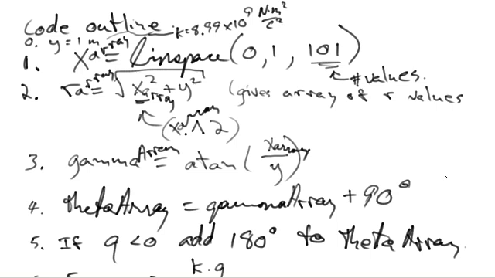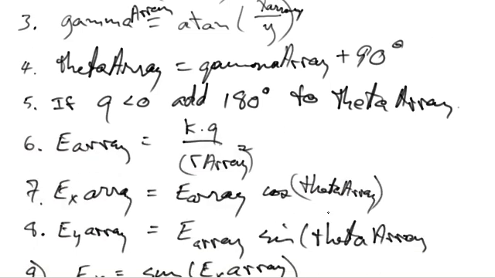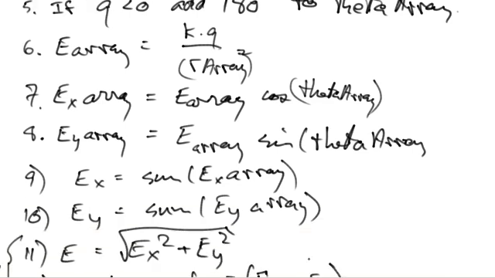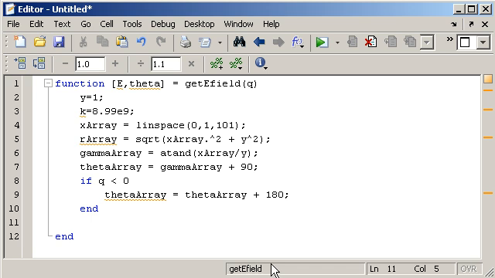So then what? Calculate the E array. Very cool. The electric field array is equal to K times Q. Q is going to be given as an argument, divided by, I think I'm going to go dot slash, R array dot to the power of 2.